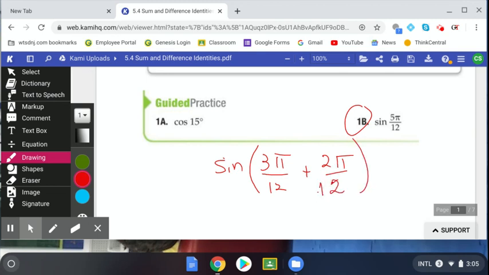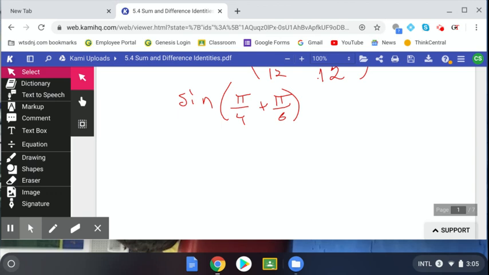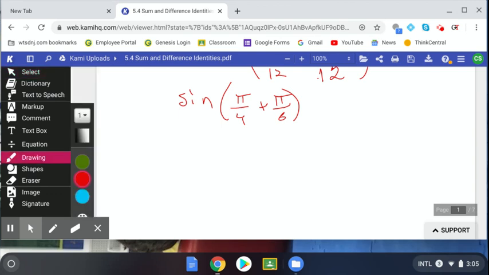But I wanted to write it this way so you would see where it comes from, which is the same as sine of pi over 4 plus pi over 6. Pi over 6 is 30, pi over 4 is 45. So now I have to use the identity for the sine of the sum of two angles. So now I can write it as sine of the first, cosine of the second.